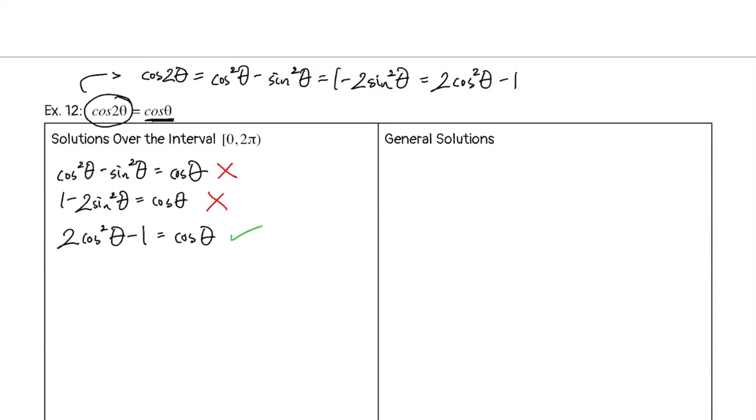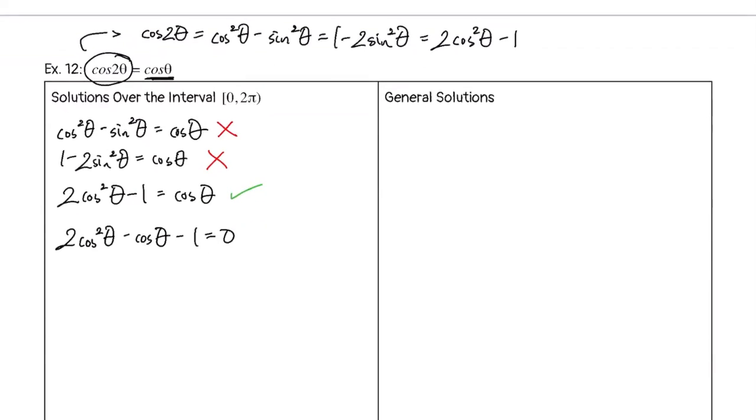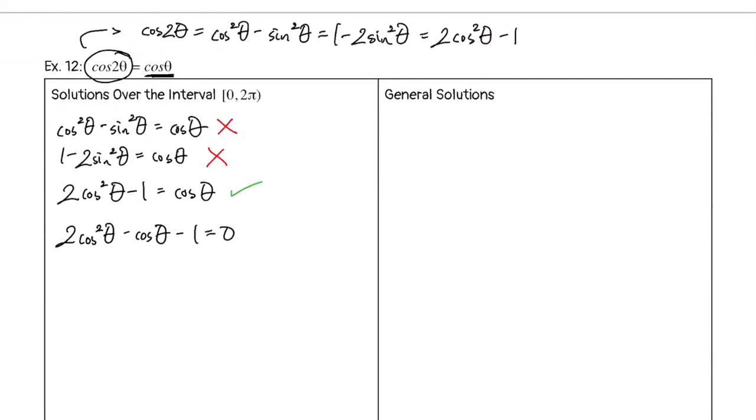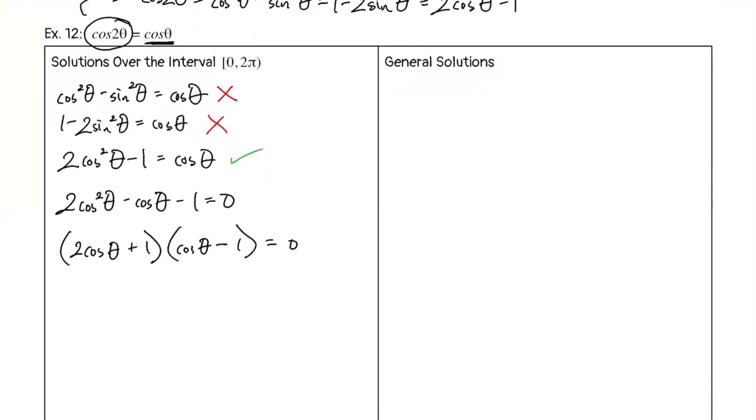From there we bring everything to one side, set it equal to 0, and factor. Then we set each piece equal to 0.